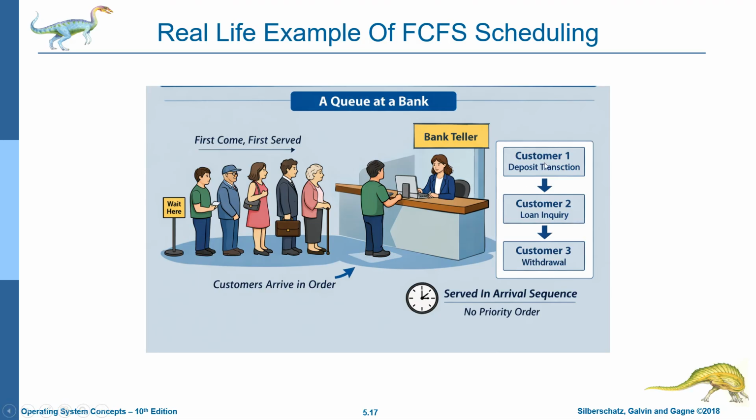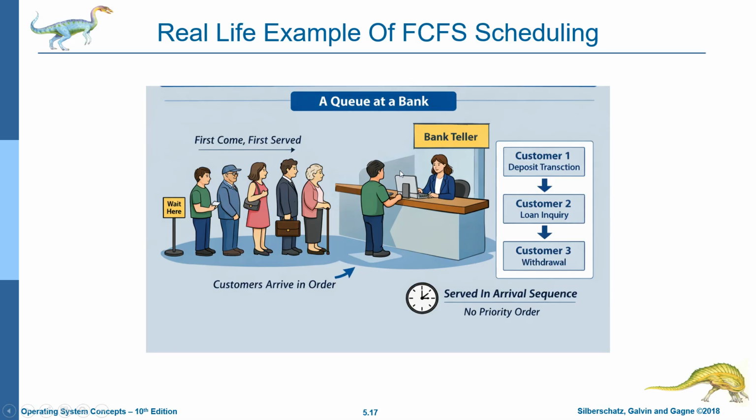Customer 1 comes to deposit, customer 2 comes for a loan inquiry, customer 3 comes for a withdrawal. Customers arrive in order, so the bank teller will serve those customers in the same order in which they arrive, in the arrival sequence.